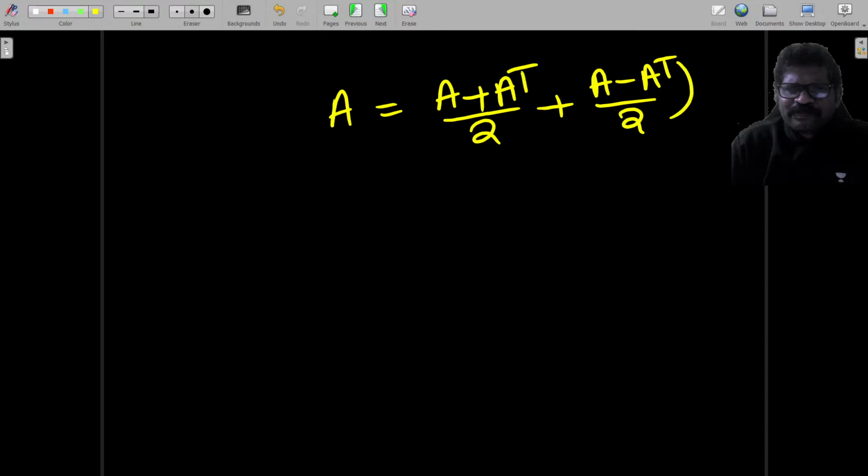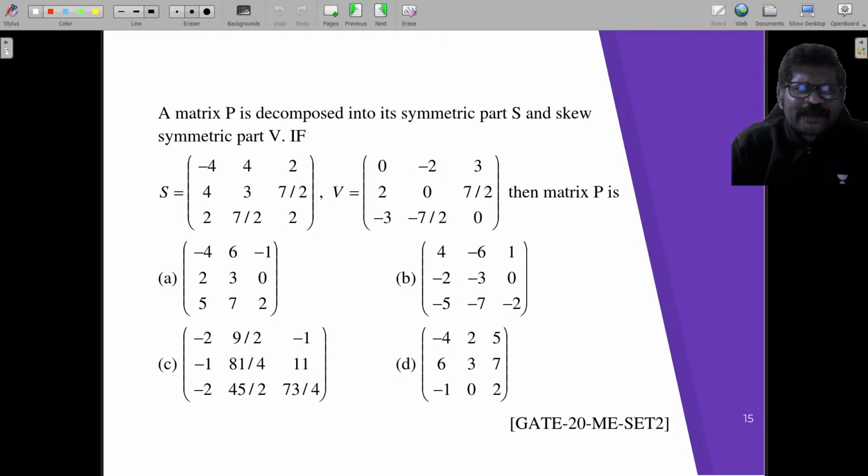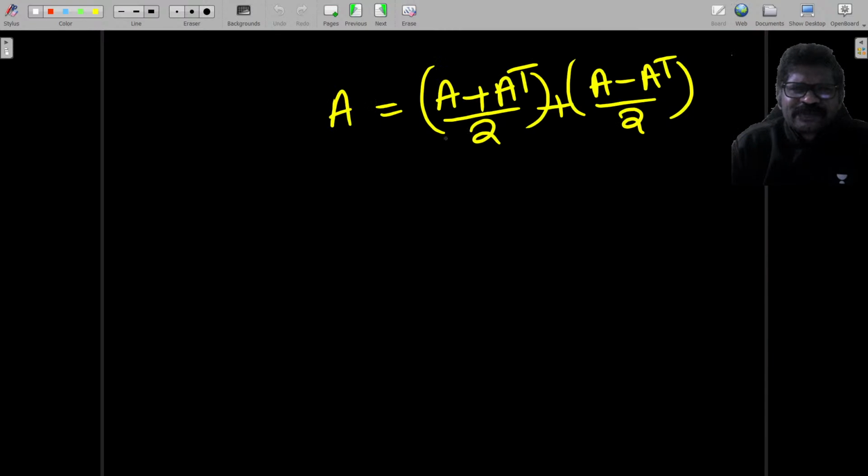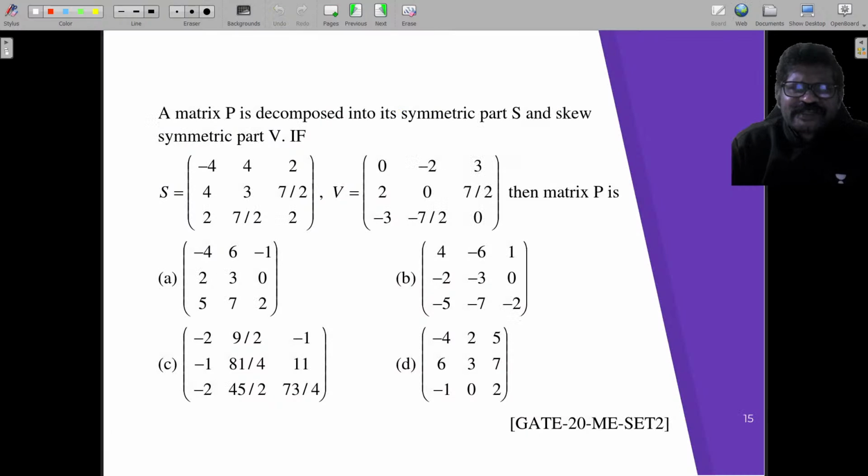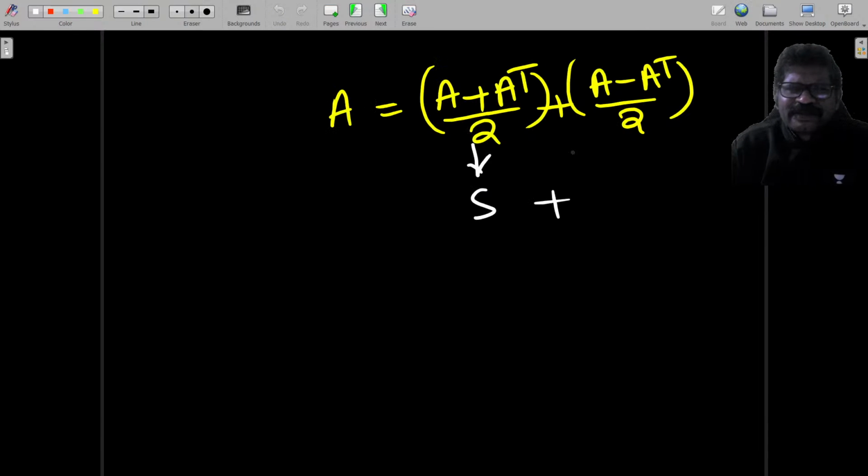So in this problem they have provided the symmetric matrix S and the skew symmetric matrix V. Therefore A is equal to S plus V. S and V are provided in the data.